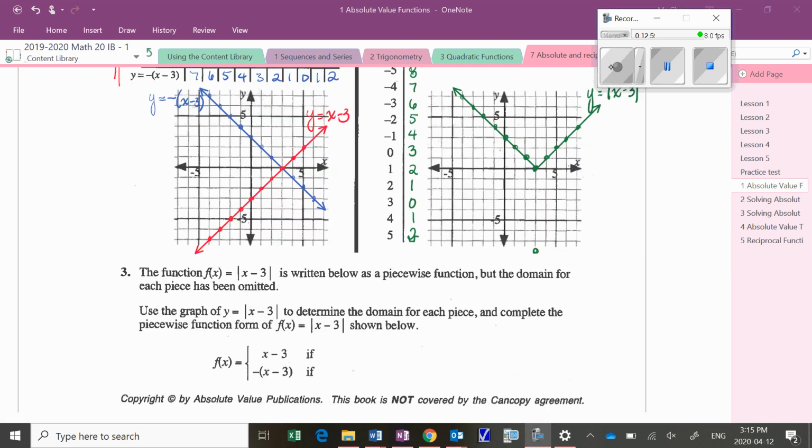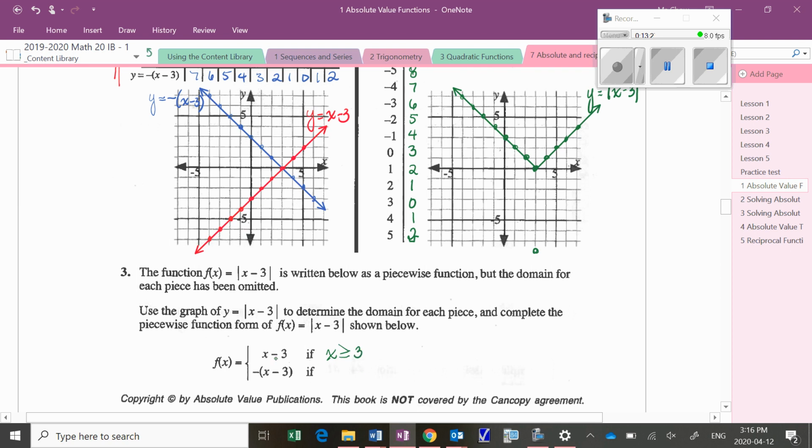So if we go ahead then and write our piecewise function, you can see they've divided this up into f of x, so y is equal to x minus 3. So it's essentially saying, hey, the graph of the absolute value of x minus 3, so the graph of f of x, sure looks like x minus 3, this red portion, if x is greater than or equal to 3.